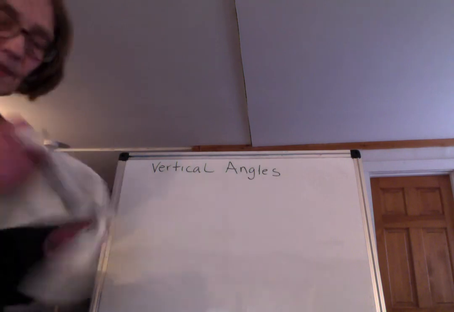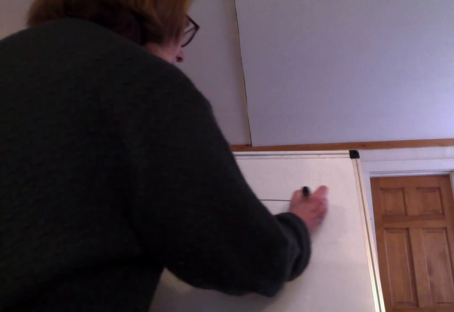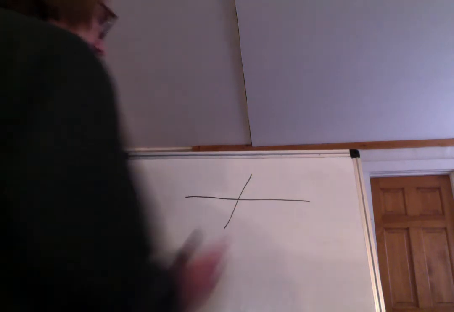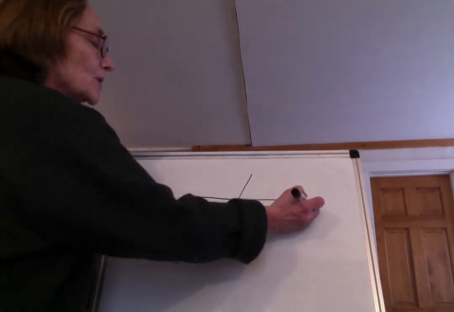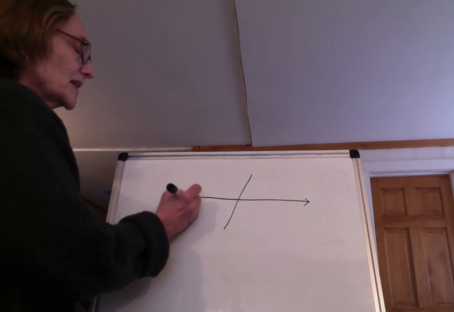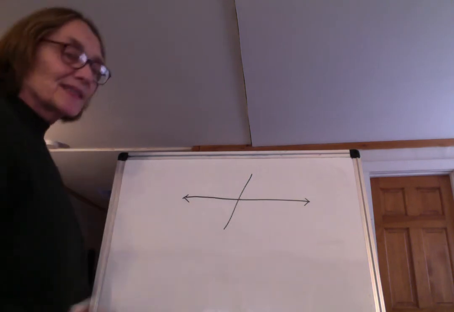Let's see if we can do some lines here. This is a simple fact, but makes a difference when you're doing your homework. If you have a line and it's intersected by another line, you will be asked, where is the point of intersection? It's right there where they meet.